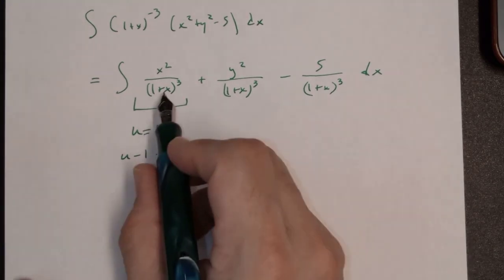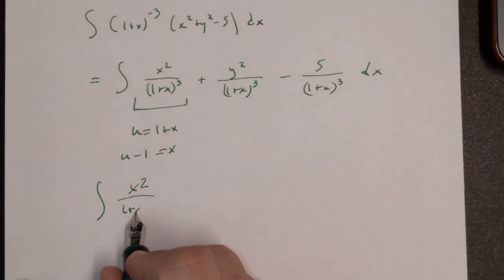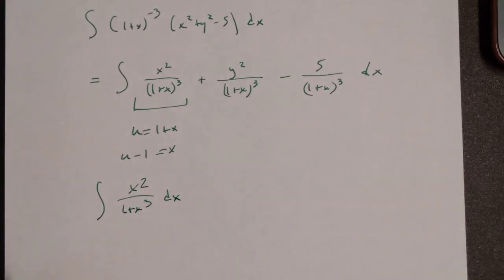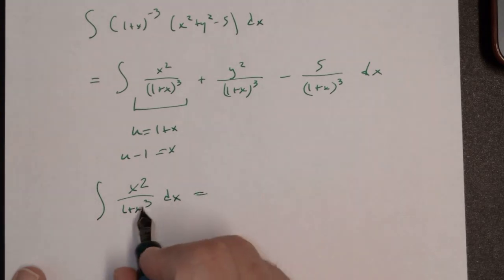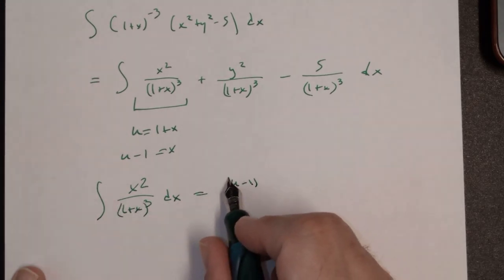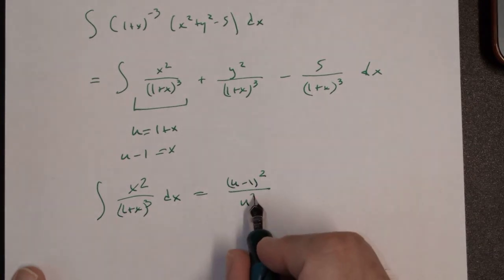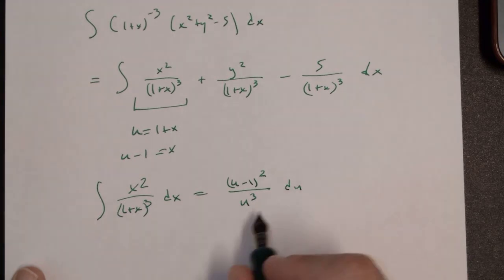So what happens to this equation? Just this one, x squared over 1 plus x cubed dx. That becomes, oop, forgot my parentheses, that becomes u minus 1 squared over u cubed du.